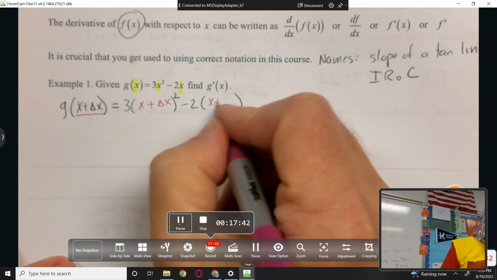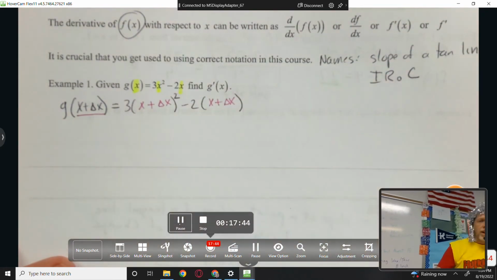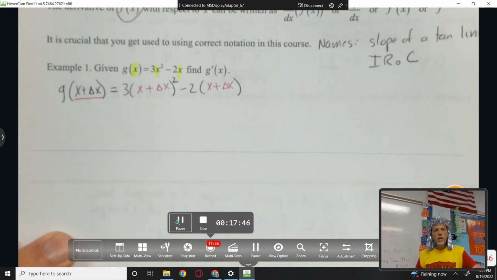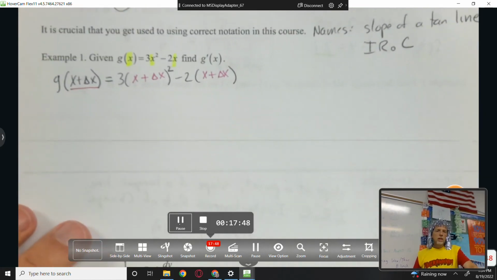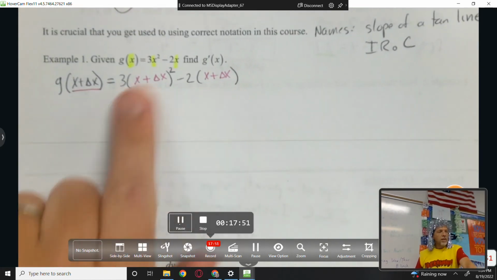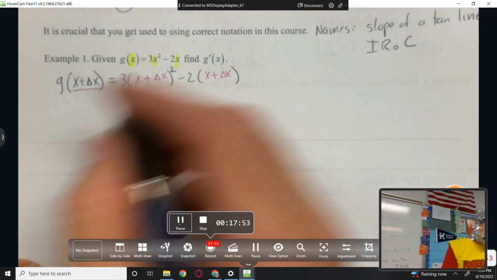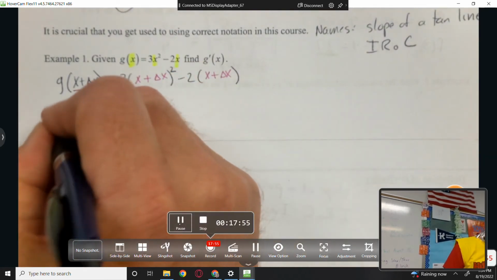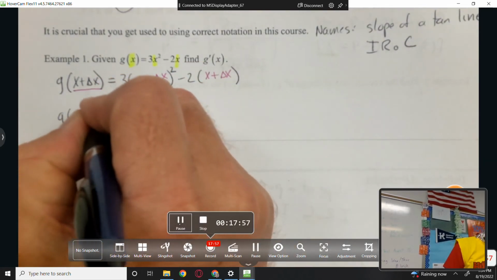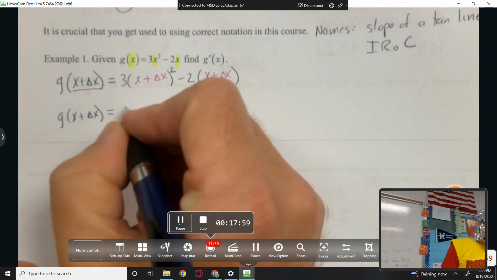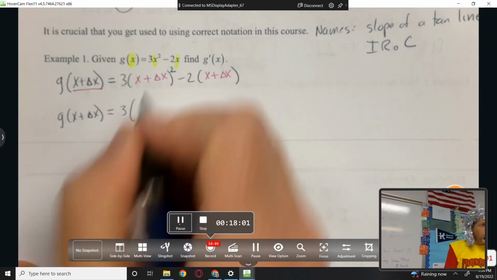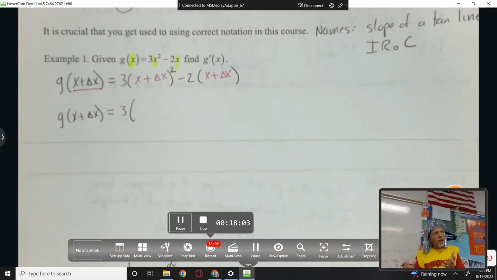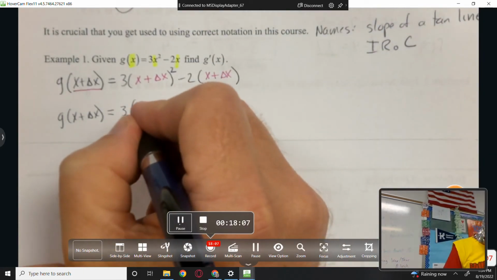Minus 2 times x plus delta x. Okay, this is going to get a little ugly, but I need to do the ugly and see what happens here. Hopefully you can FOIL that without having to write it all out, but if you need to write it all out, by all means, write it all out.